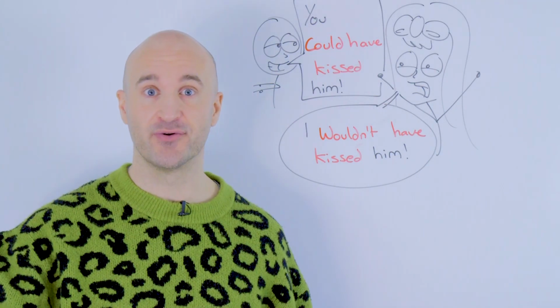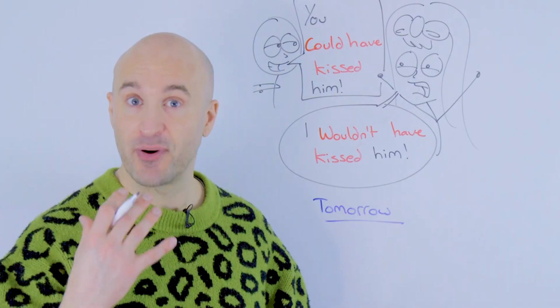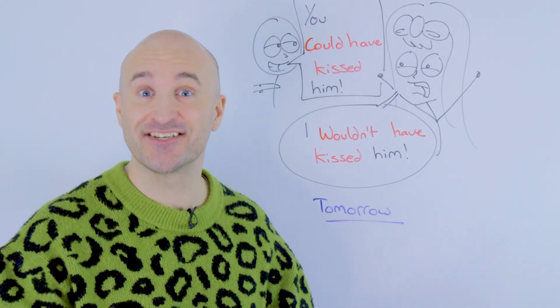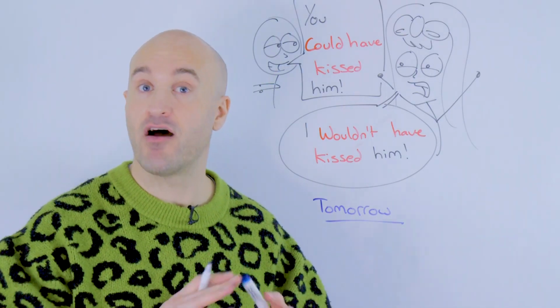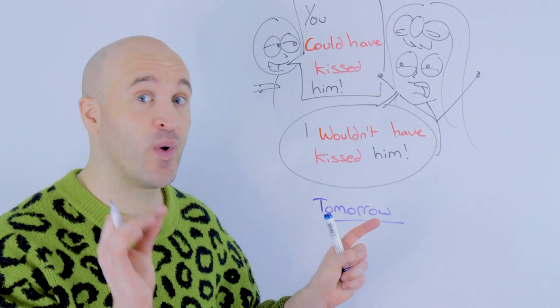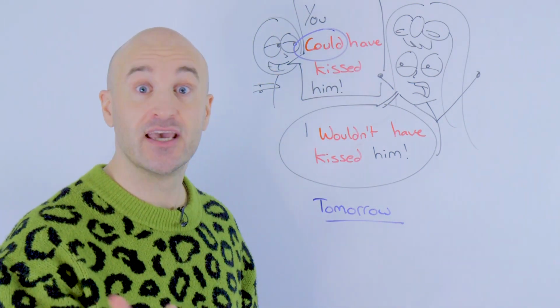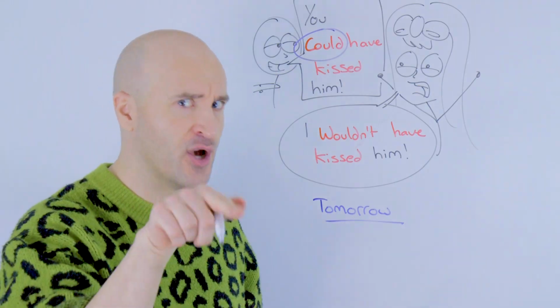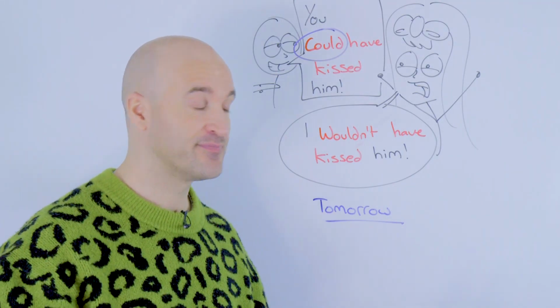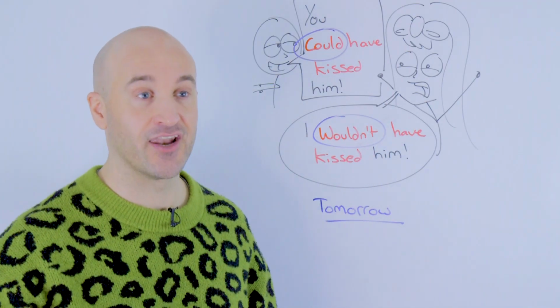Another perfect example. We are talking about tomorrow, this party tomorrow, but remember, this party isn't going to happen. It's an unreal future. So, they talked about it in two ways. One, he focused on the possibility. Yes, it was possible tomorrow that you kissed. She is focusing on the probability, the likelihood.